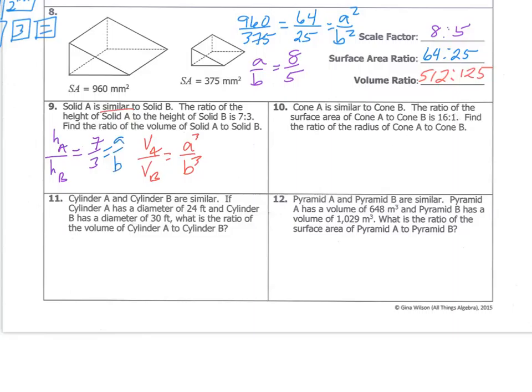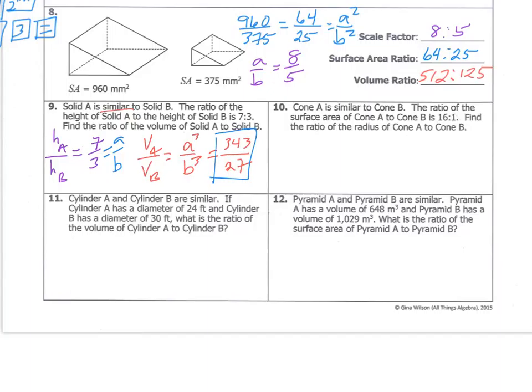Agreed? So all we have to do is cube them. What is 7 cubed? 343. And what is 3 cubed? 27. So that's our answer right there. That's all they're looking for.